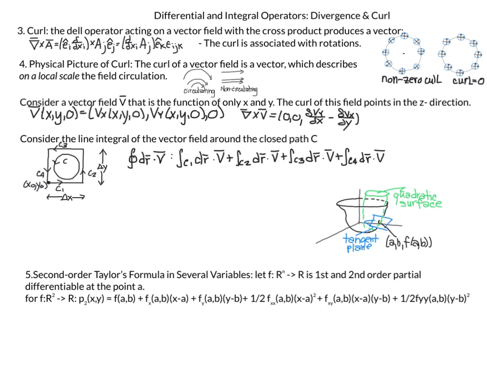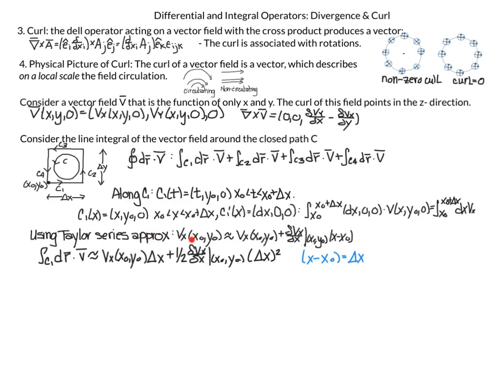Plus, and this is where you have the second degree, 1/2 of the second order partial derivative f_xx at (a, b) times (x minus a) squared, plus the partial derivative with respect to x and then y at (a, b) times (x minus a)(y minus b), plus 1/2 of the partial derivative with respect to y twice at (a, b) times (y minus b) squared. So again, this is the formula we have here.